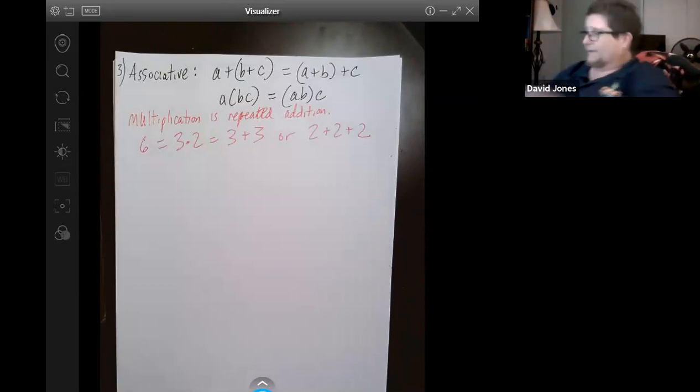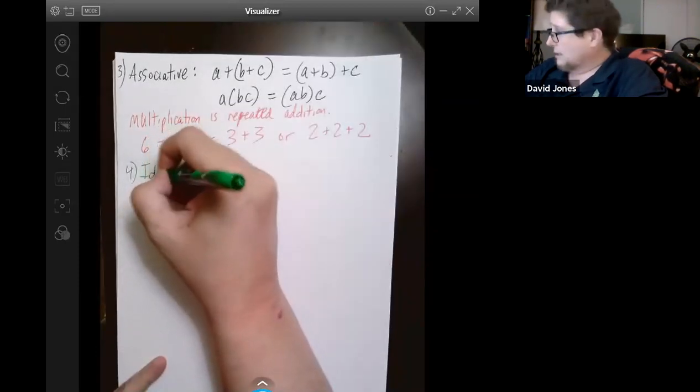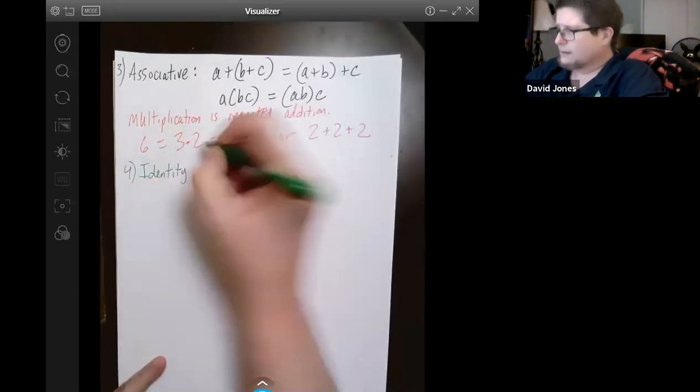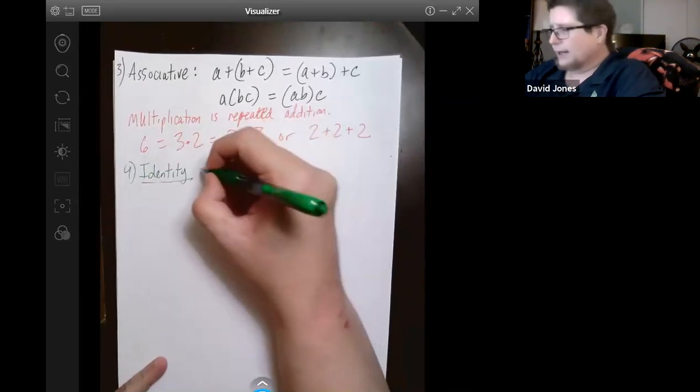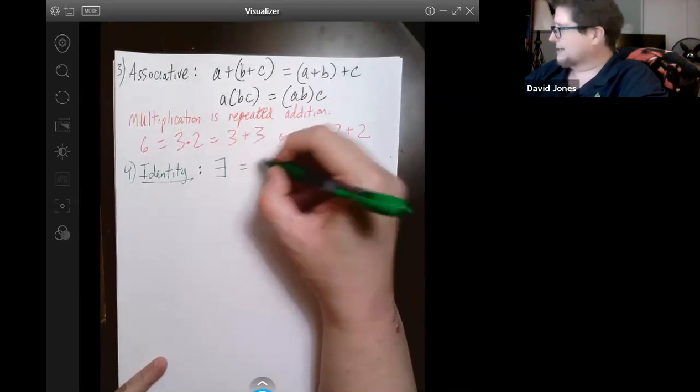Let's keep going. We've got the identity rule, the identity property, and I'm going to use this symbol. Recall that the backwards E is "there exists."